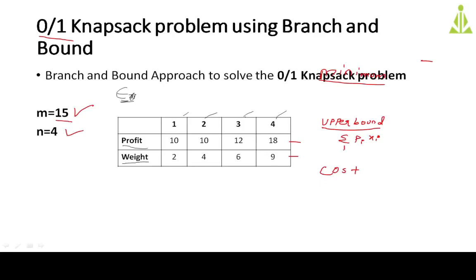With this formula, sigma from i to n of pi xi, in the upper bound we add with the fraction, but in the cost we add without the fraction.